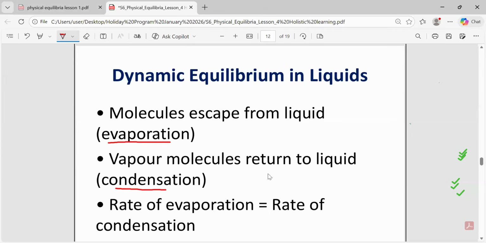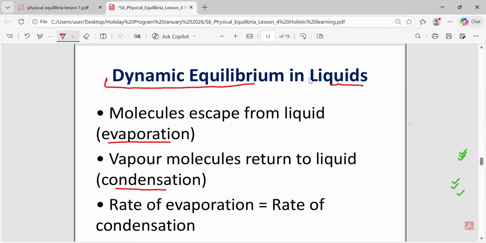Then the other point, the rate of evaporation is equal to the rate of condensation. Like how we were explaining, I think we can use the bottle, the one we started with, that the same water that evaporates is the same water that condenses to come back. Okay, so in simple terms, we're trying to understand what dynamic equilibria is in liquids.